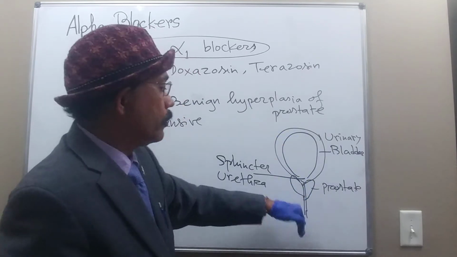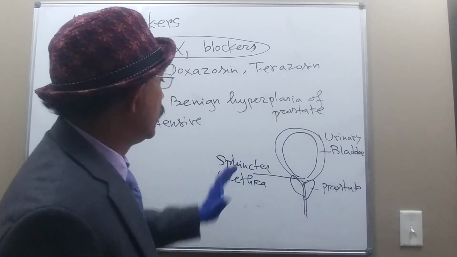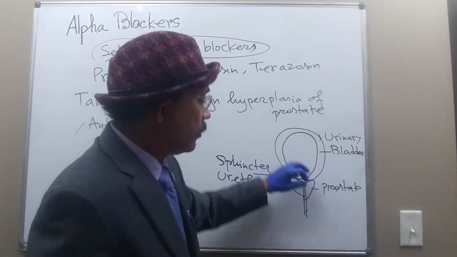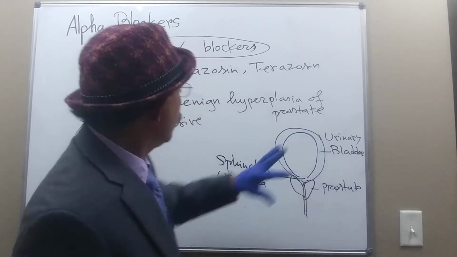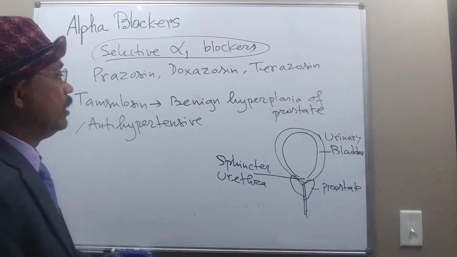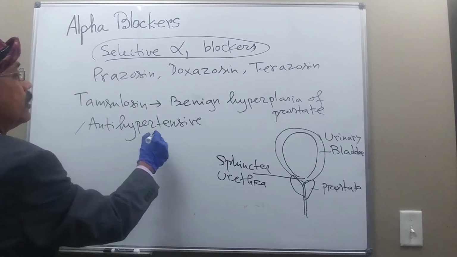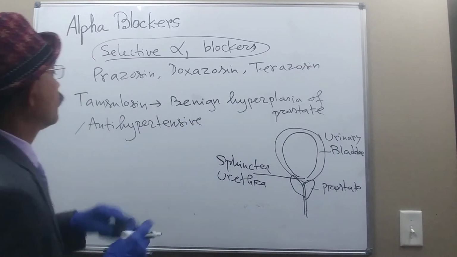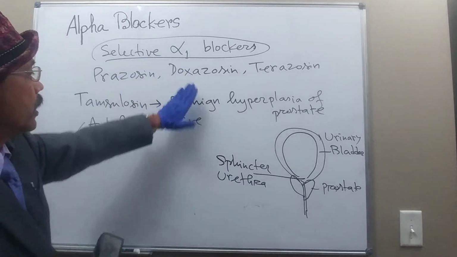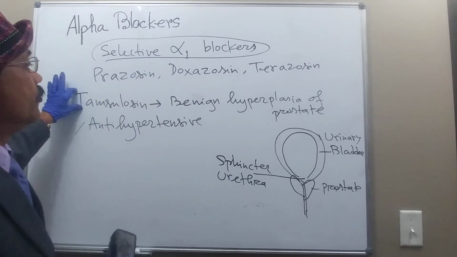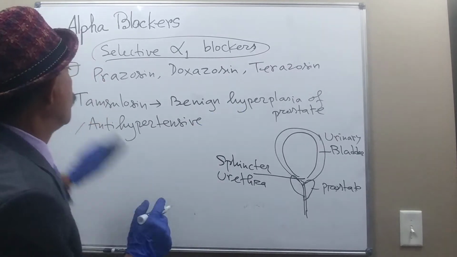Maturation is also good. They can easily urinate, the size is squeezed a little bit, and the sphincter is relaxed. So these are the indications: hypertension and benign hyperplasia of prostate. Hypertension by all the drugs, but this is particularly useful in benign hyperplasia of the prostate.